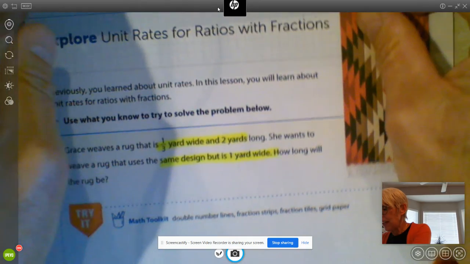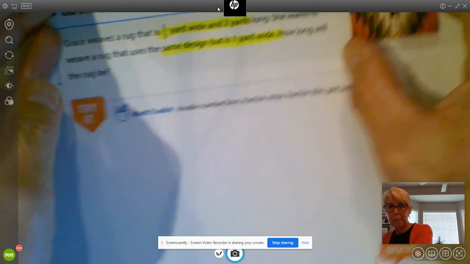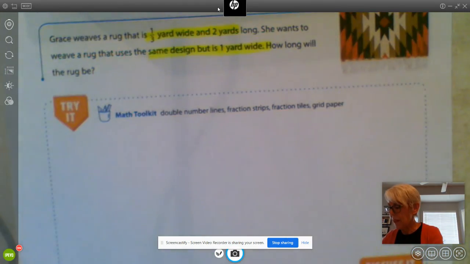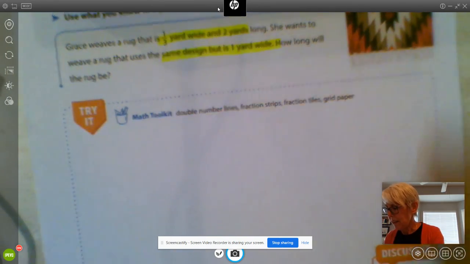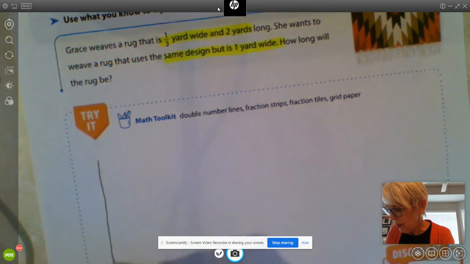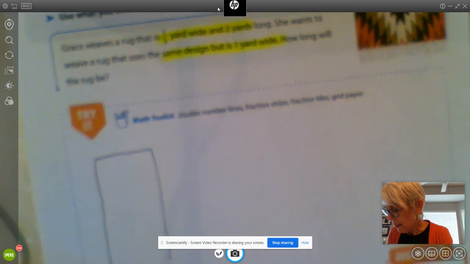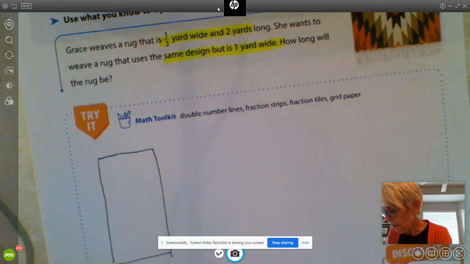So let's start out. Let me shift things around just a little bit. I want to make sure that we keep our problem right there at the top. All right. You know how I like to draw pictures, so we're going to first draw her rug. And it's 1/3 yard wide.